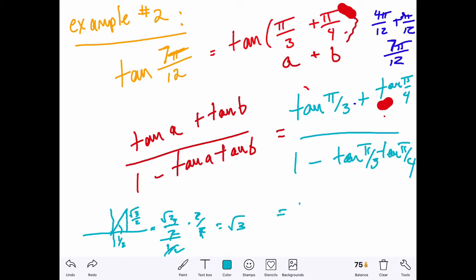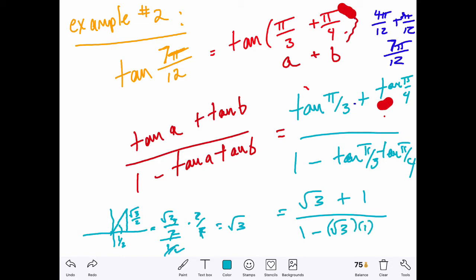So that's going to be root 3. And then with pi fourths, each of my legs is the same length for the 1, 1, root 2 triangle. So that would just be 1 over 1, which is 1, over 1 minus root 3 multiplied by 1.